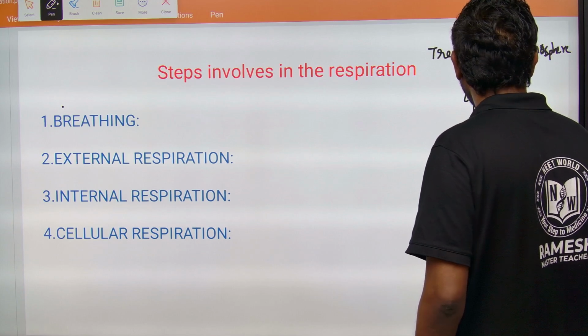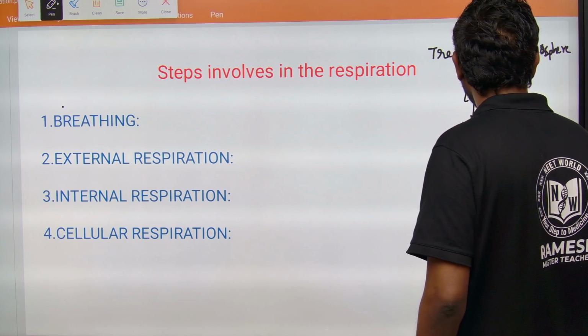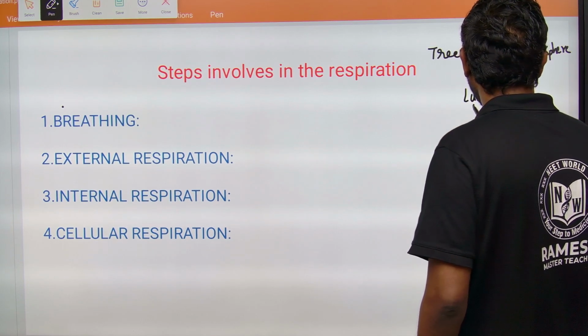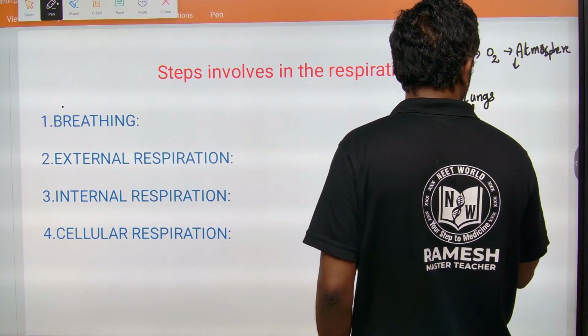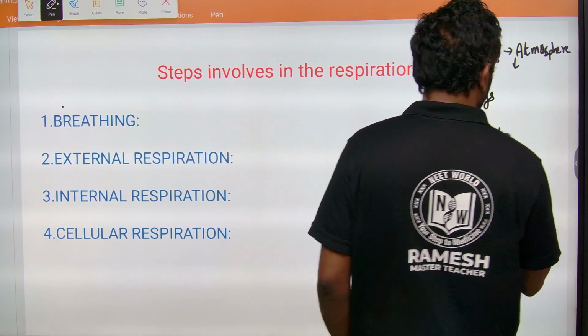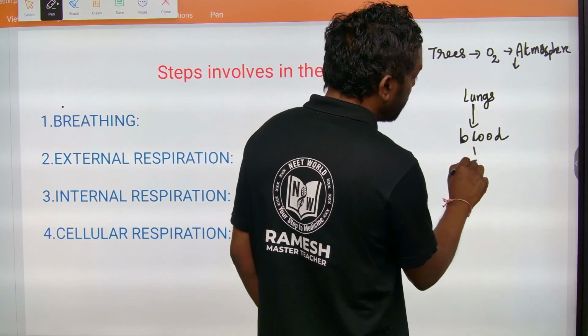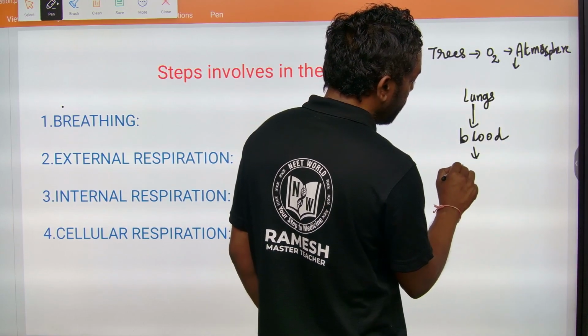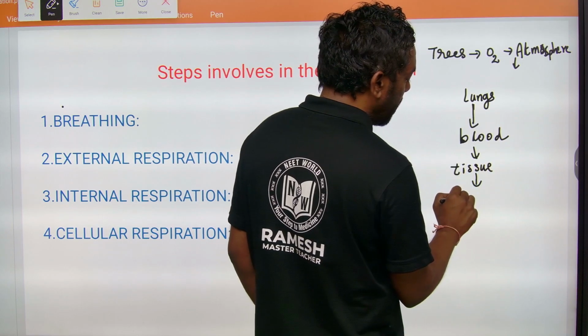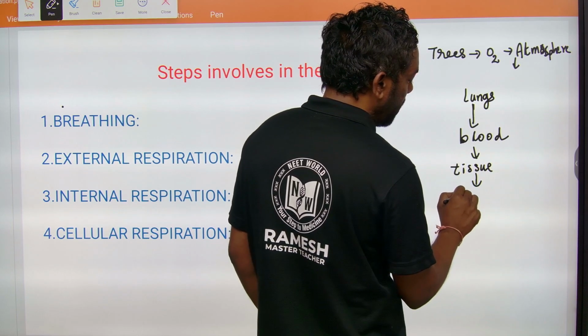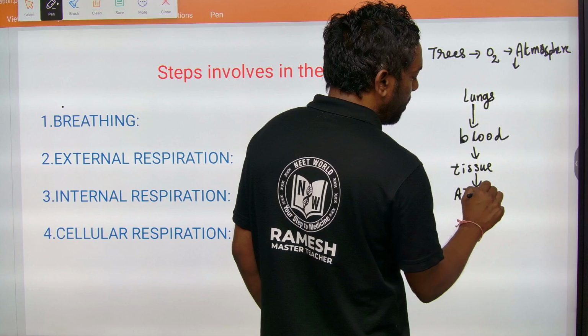From the lungs, the oxygen reaches the blood. From the blood, the oxygen reaches the tissue. Tissue generates energy, ATP, and CO2.